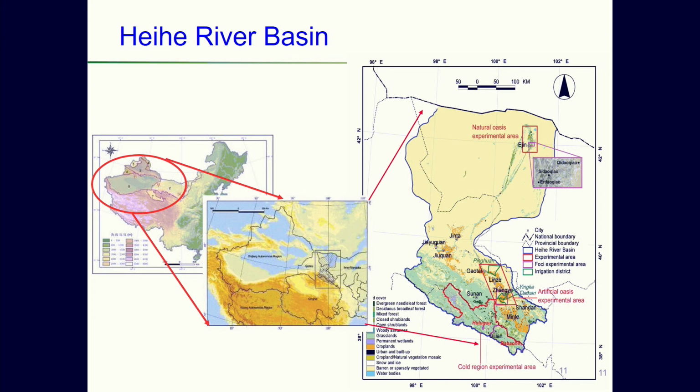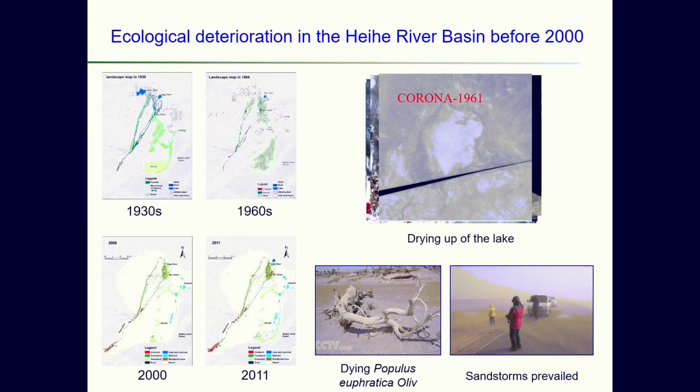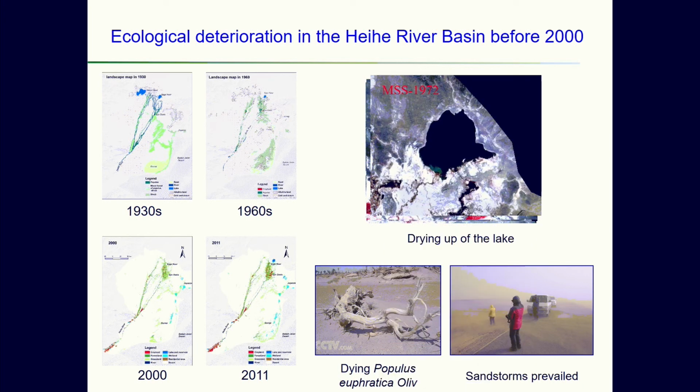Precipitation is very low. And in the last few decades, compared to many inland river basins in Central Asian countries, we also see a severe ecological deterioration in this region. For example, if we look at this remote sensing image, we can see a few decades ago, there was a big lake downstream.